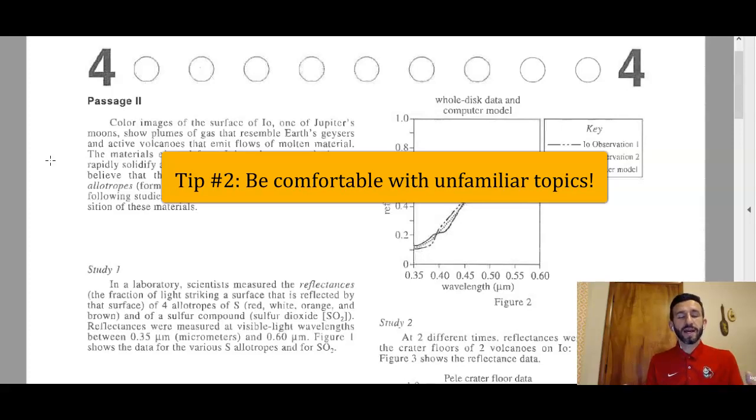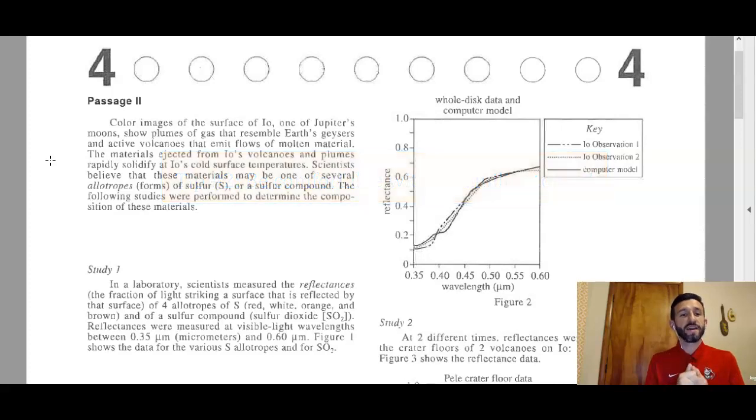When I read this passage, and I'm a high school science teacher for over 10 years, I have never in my life read anything about volcanoes and Jupiter's moons. But guess what? To answer all of these questions, I just need to be able to read these graphs.